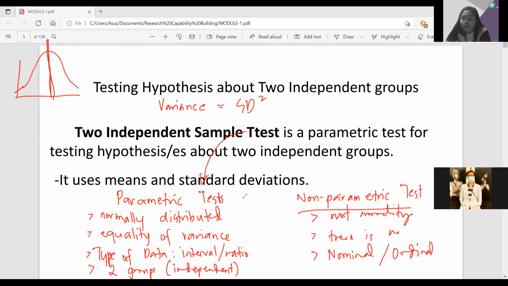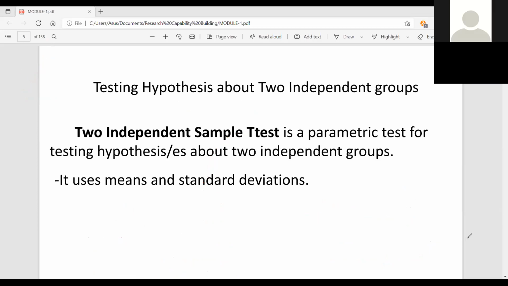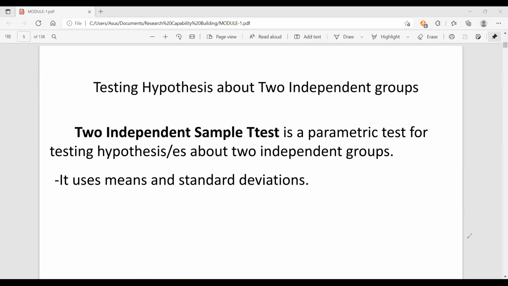And then we are going to use the t-test if we are going to compare these two groups. That is why we use this. If your question for the SOP is, is there a significant difference? Okay?